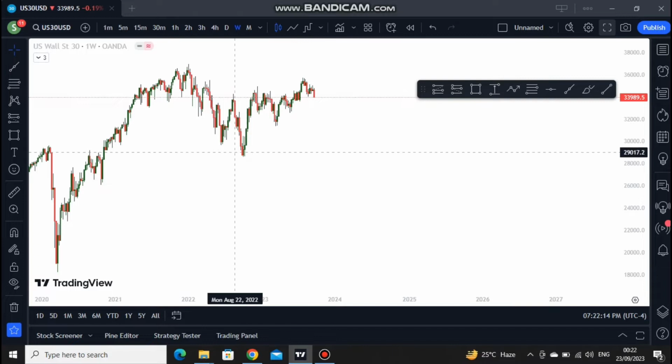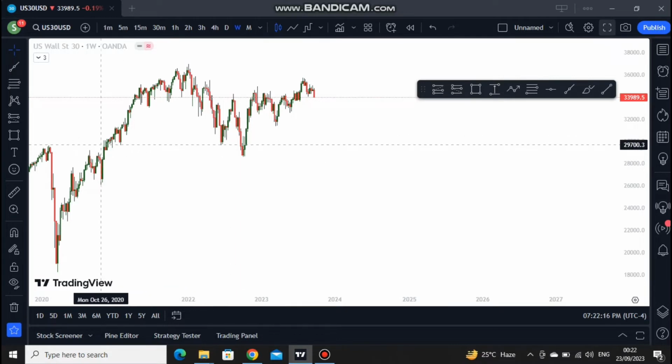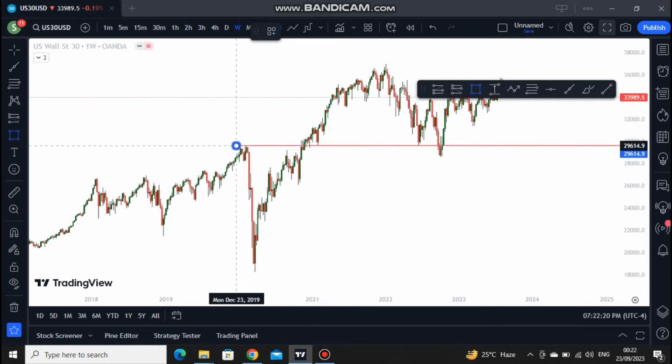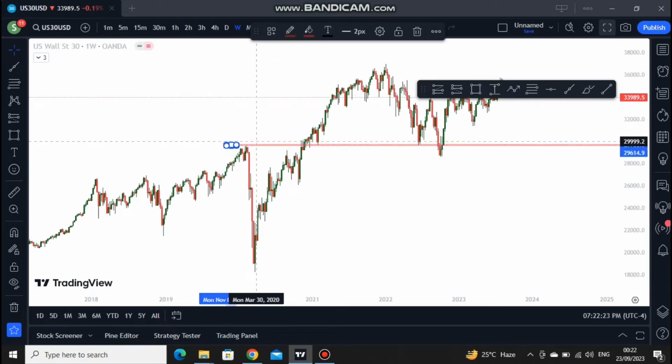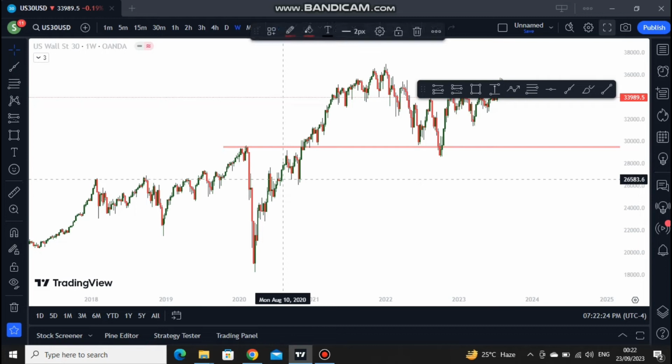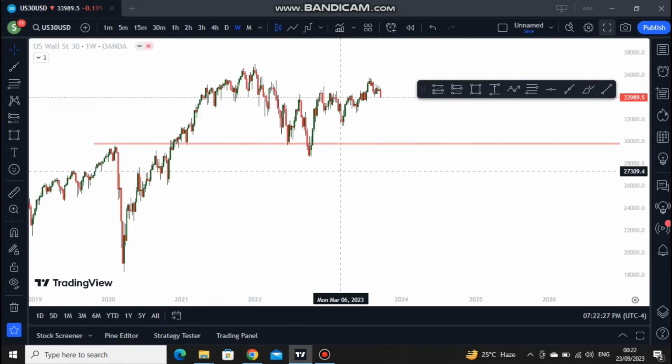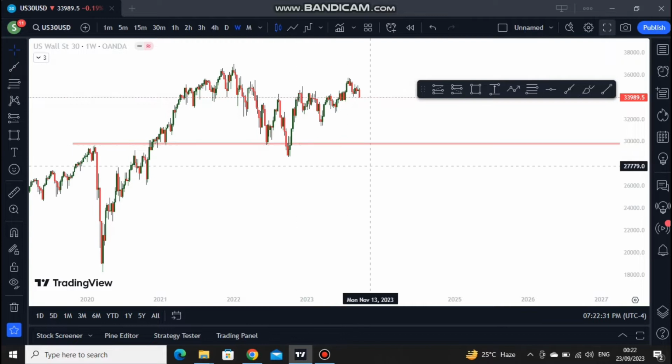It tested this support level around this region. Came here, tested on it, and it's going all the way to the upside again, right?